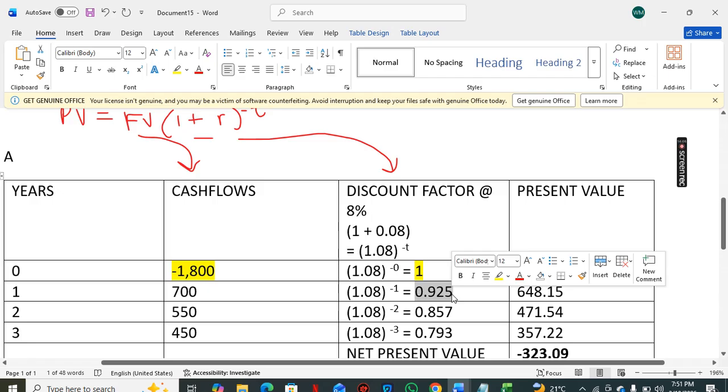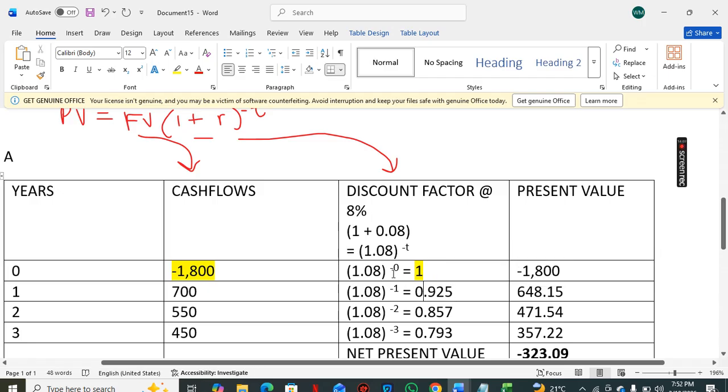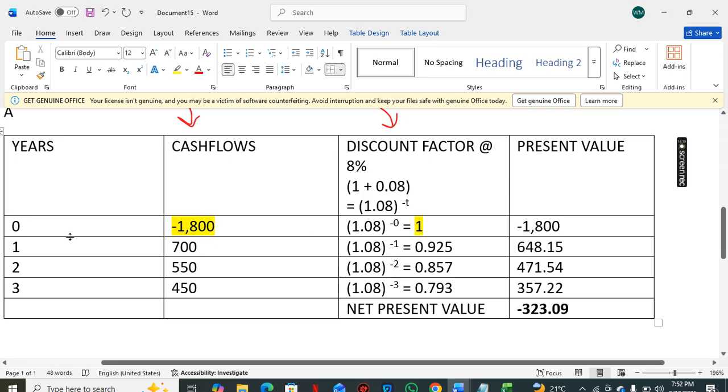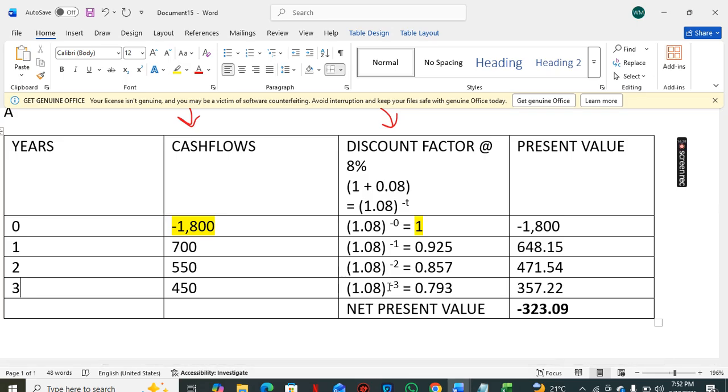Yes, sir. So here, these numbers are just representing the years. These negative indices represent each year. As you can see, year 1, power negative 1. Year 2, power negative 2. Year 3, power negative 3. Yes, sir. Got it.